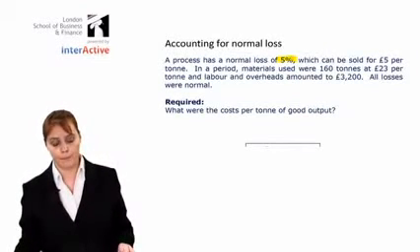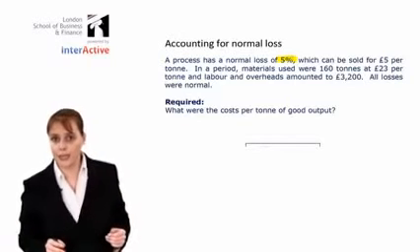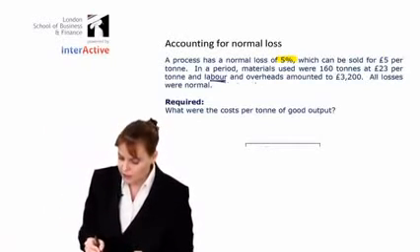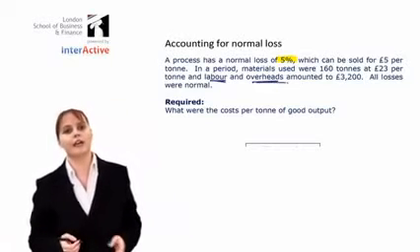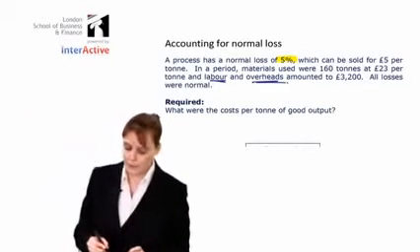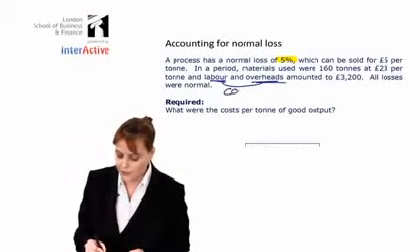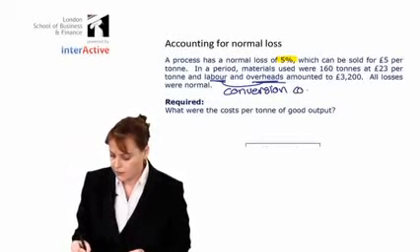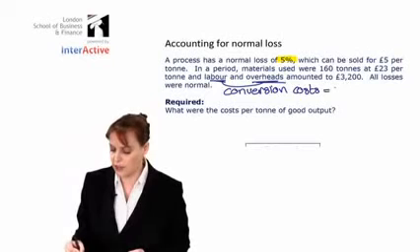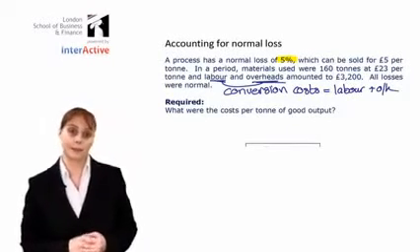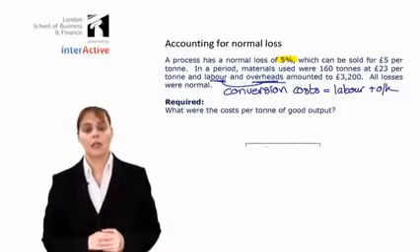Just a little bit of terminology before we get started. Often in process costing, our labour and our overheads will be given to us as a total figure, and they may be referred to as conversion costs. So conversion costs is just the sum of our labour and our overheads for a particular process.